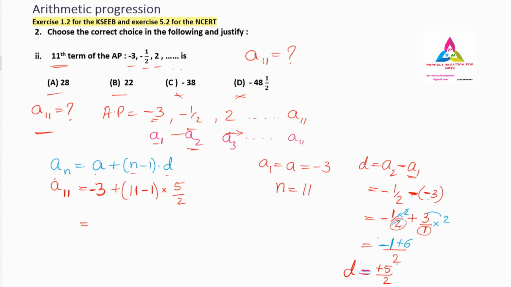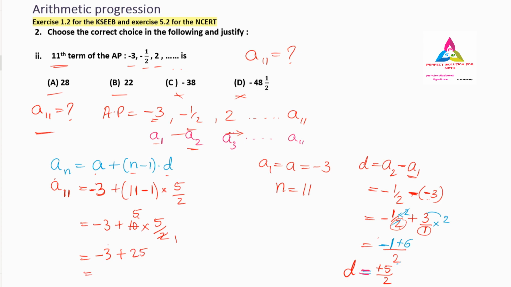So minus 3 plus 11 minus 1 is 10, into 5 by 2. It is multiplication, so we can cancel: 2 ones are 2, 2 fives are 10. So minus 3 plus 5 into 5 is 25.